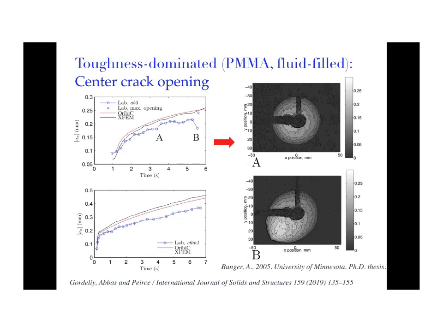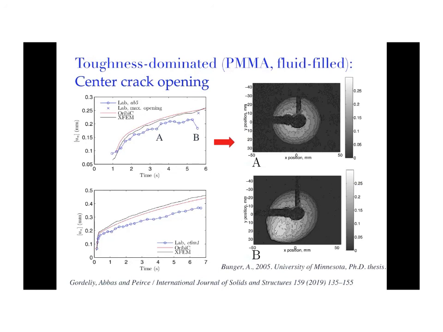And now if we estimate from this picture what is the opening near the wellbore, we can put this cross on the top numerical figure at time b. And you see that this cross is actually very close to the results of both models.